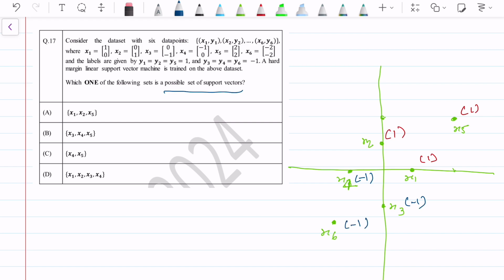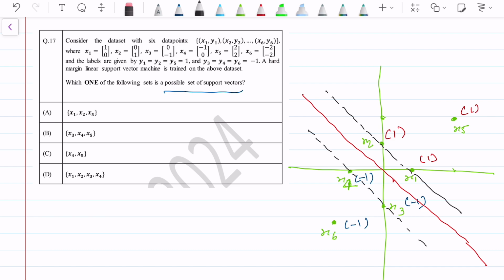Now we can draw the separator line. Obviously the separator line will go somewhere from here. Now we just need to see which points are nearest to this separator line. As you can see, if we draw the support vectors, they will go like this and like this.